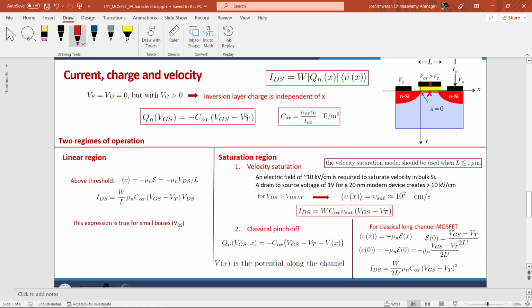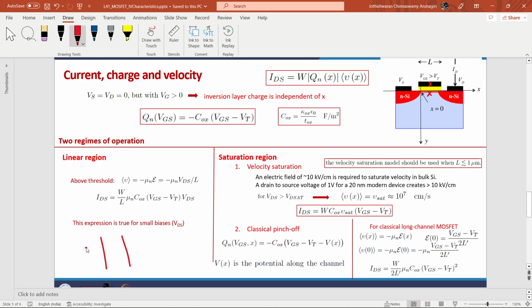Now, when will charge accumulation begin in this device? For this, we have to go back to our classical MOSFET theory that we have read probably in your bachelor's.